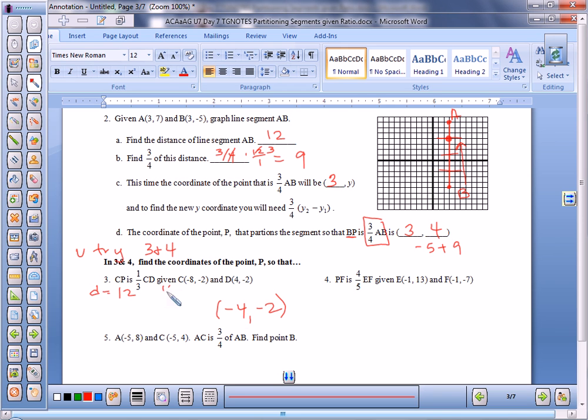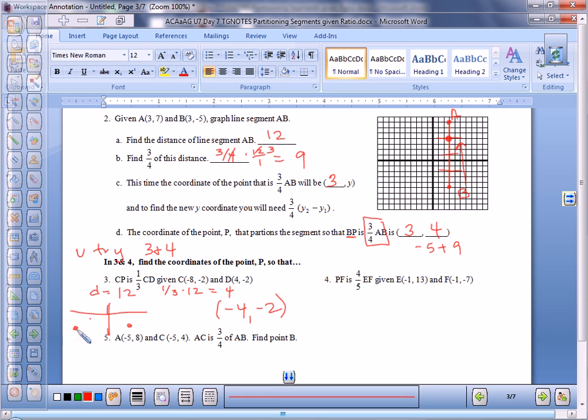And because we're moving left to right, if we sketch it out, from here to here is our C and D. And we know it's 4 units this way. What am I doing with the 4? Adding it to my X. So -8 plus 4 is how we got that.